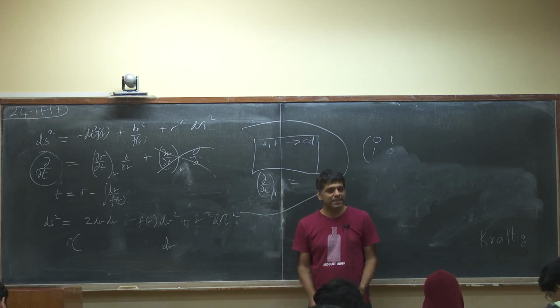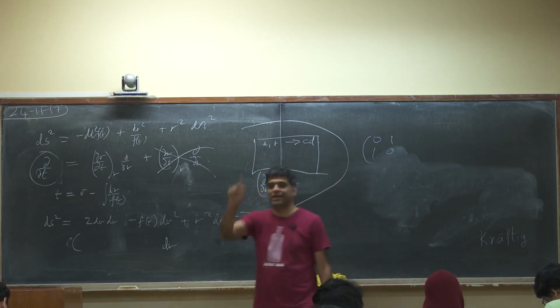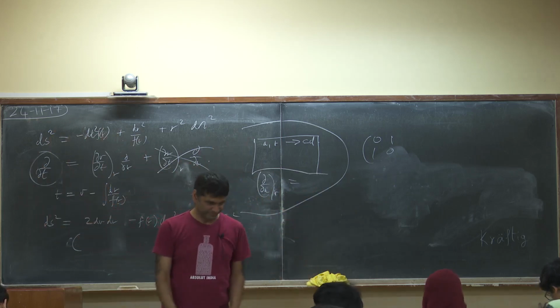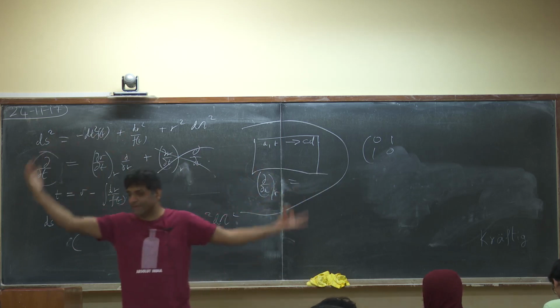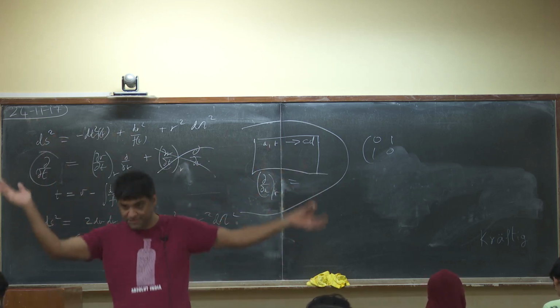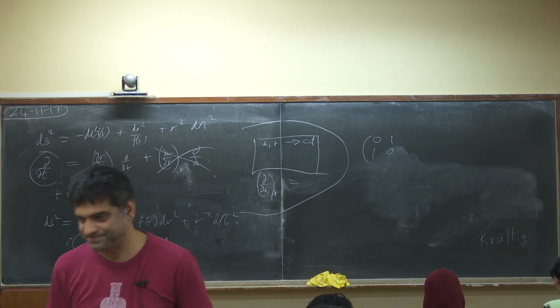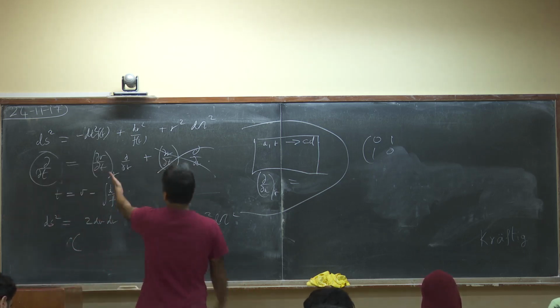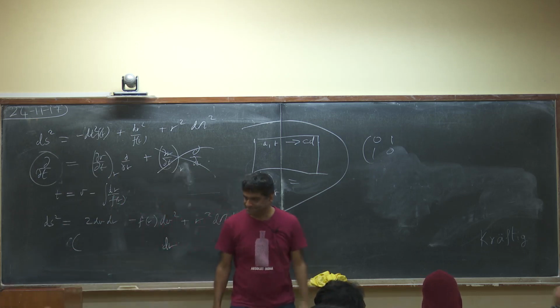What that means is that the normal vector to the horizon is the restriction of a Killing field which exists in all of space-time, but to the event horizon. This is clearly a Killing field, right? Because the metric doesn't depend on t, it doesn't depend on v.